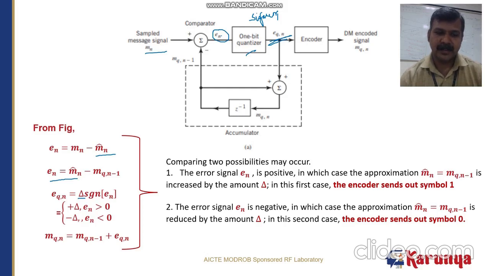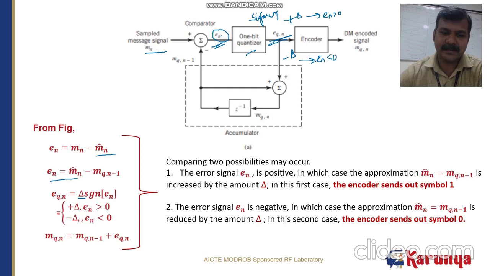That will give me either a plus del or a minus del, based on this value e[n]. If e[n] is greater than 0, we will get plus del. So for this case it will be e[n] greater than 0, and for this case it is e[n] less than 0.